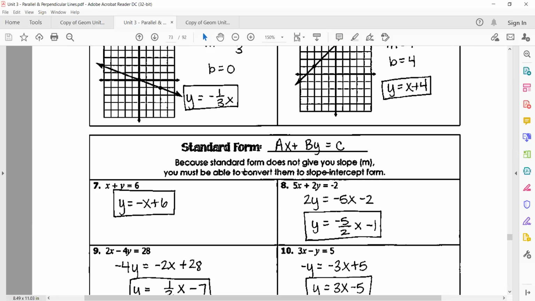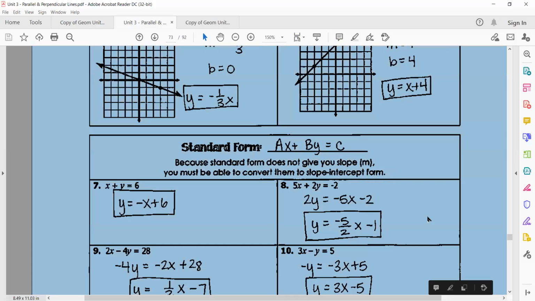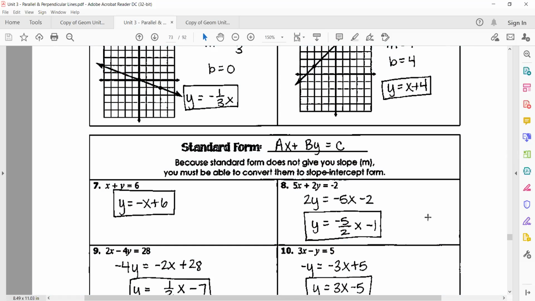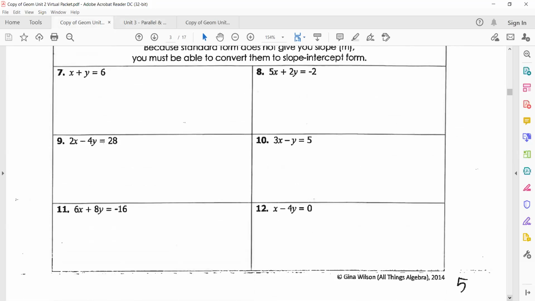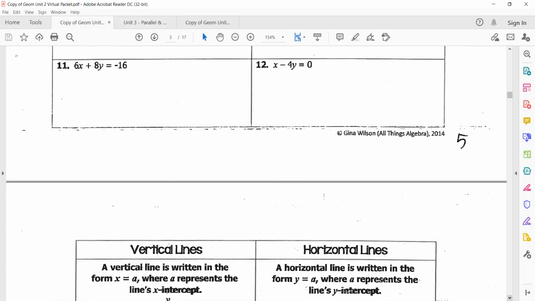You're going to convert them to slope intercept form. Convert to slope intercept form by solving them for y. And that's just basic algebra, equation solving. Solve those for y. See, we have the third style.